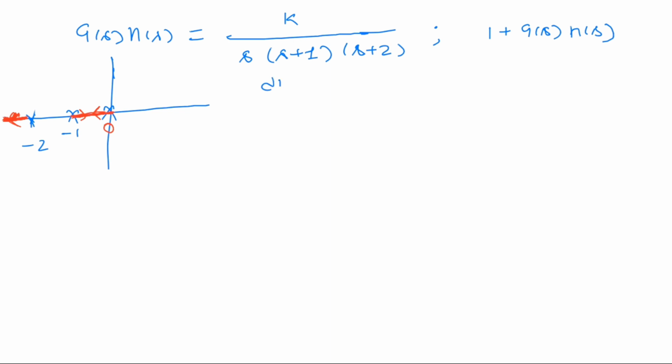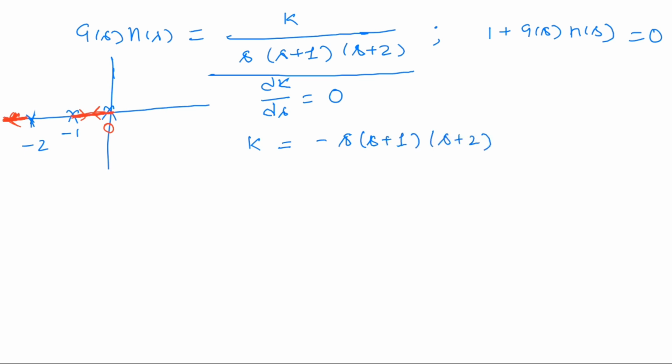dK by ds equals 0. So let's first find K for the given transfer function. From the characteristic equation 1 plus G(s)H(s) equals 0, K will be equal to minus of s(s plus 1)(s plus 2). How does it come?